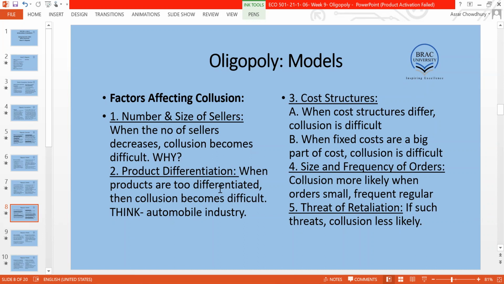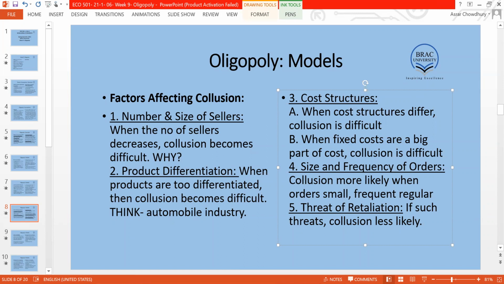Cost structure: when cost structures differ, collusion is difficult. Why? Cost structure is also an indicator of how efficient a firm is. If my cost structure is very high, okay, and another firm's cost structure is very low, then that firm is more efficient than I am.